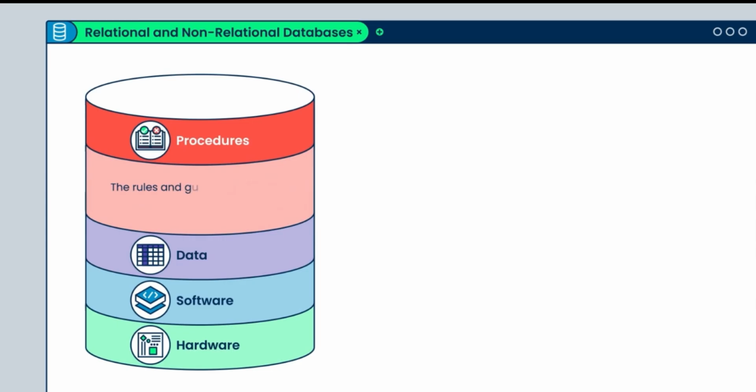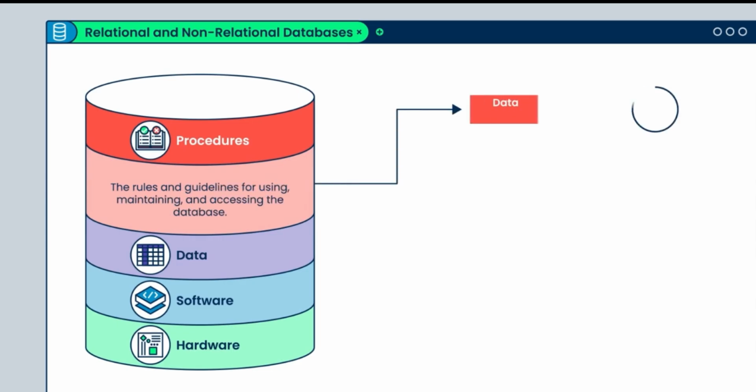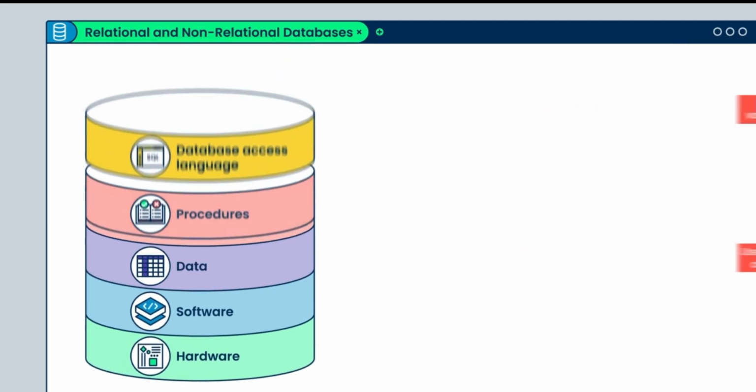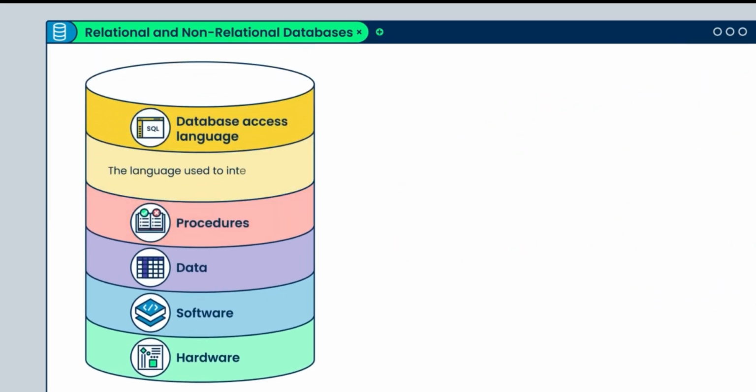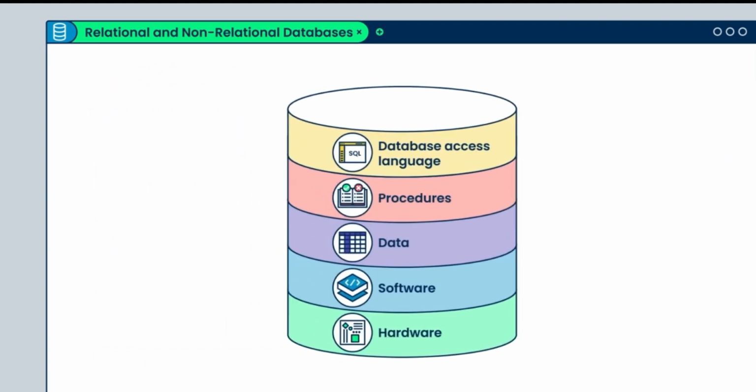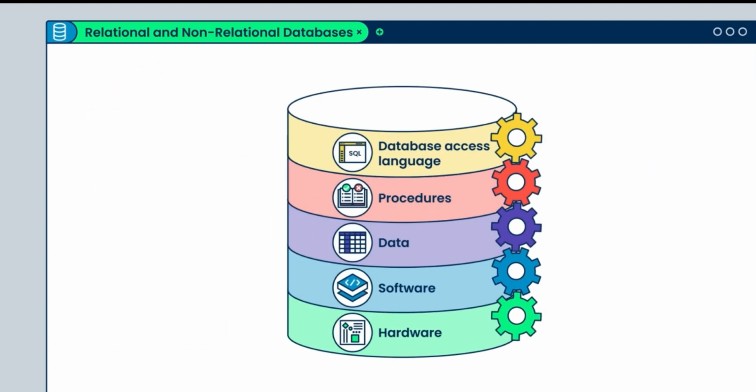Procedures are the rules and guidelines for using, maintaining, and accessing the database, such as data validation and user access controls. A database access language is the language used to interact with the database. For example, SQL, which allows us to perform operations like inserting, updating, deleting, and retrieving data. Each of these components plays a crucial role in the overall functioning of the database.